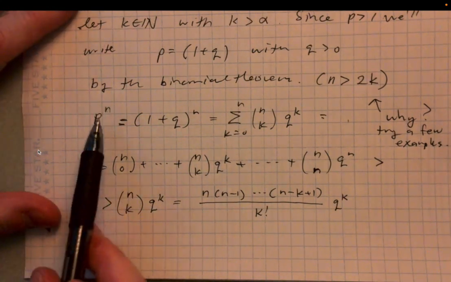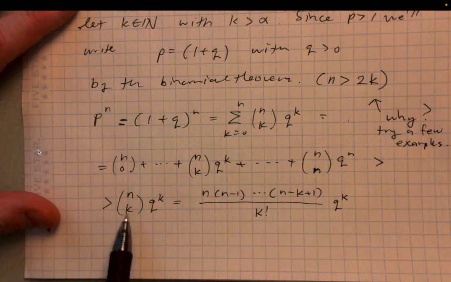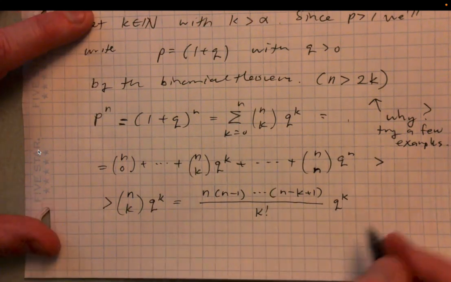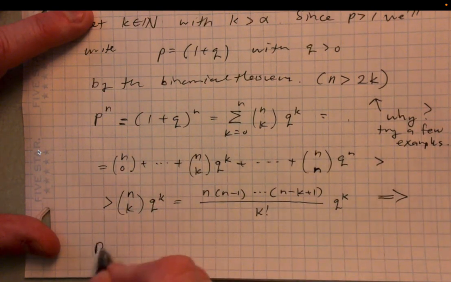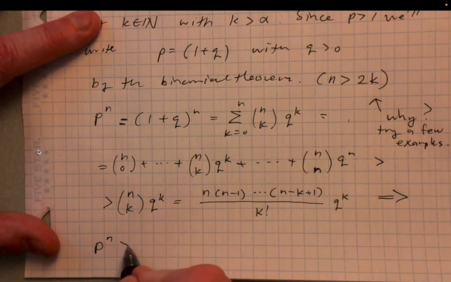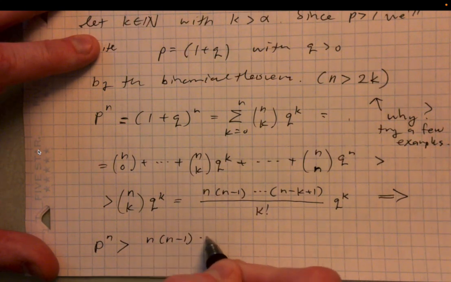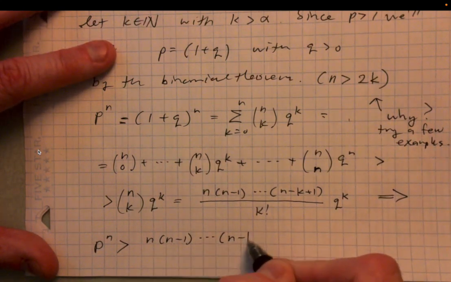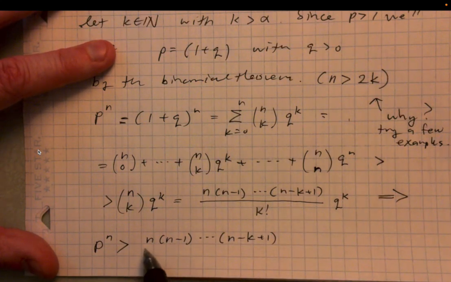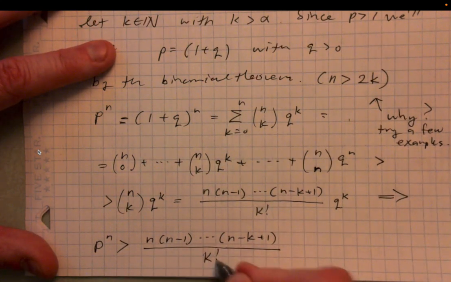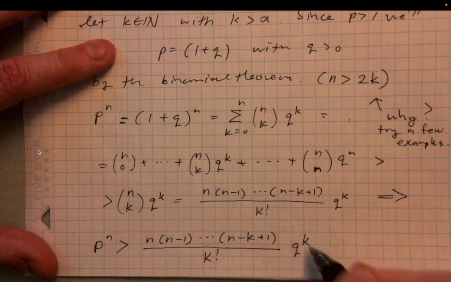We've got p to the n power is greater than this thing, right? So the takeaway here is that p to the nth power is greater than n times n minus 1 times dot dot dot n minus k plus 1 over k factorial times q to the k power.